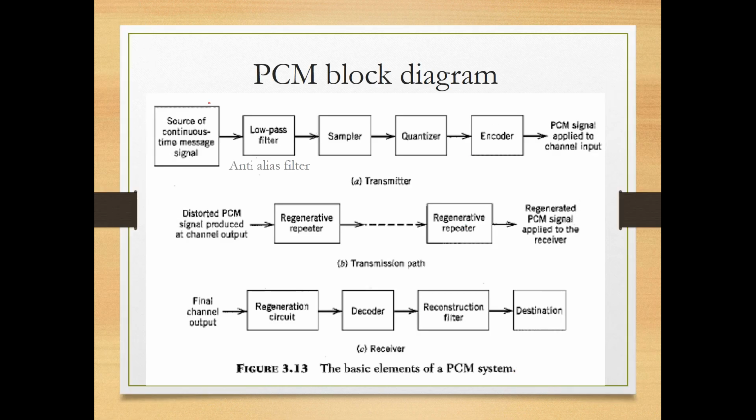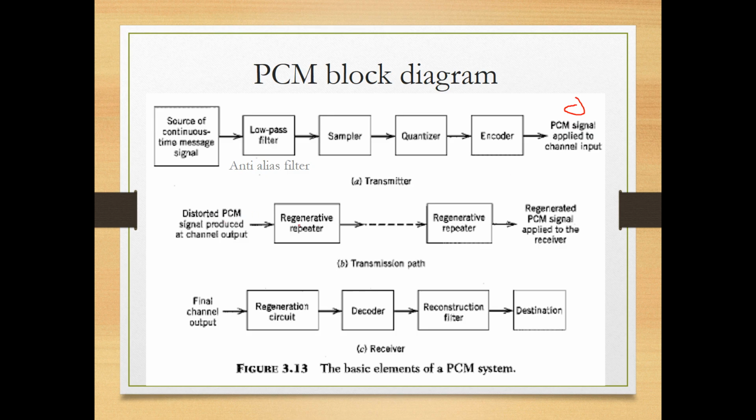You have a source of continuous-time message signal you want to send. After that, you pass it through a low pass filter to get rid of aliasing and the interference between consecutive symbols. Then you have a sampler, which makes the signal discrete in time. After that, you have a quantizer, which makes the signal discrete in amplitude. After that, you use an encoder that converts your levels into bits. So the output here is basically a sequence of zeros and ones.